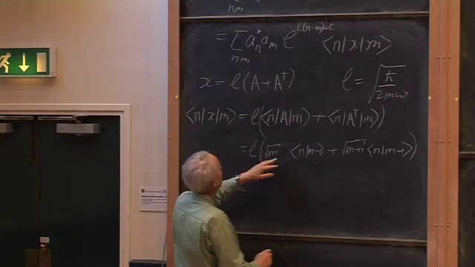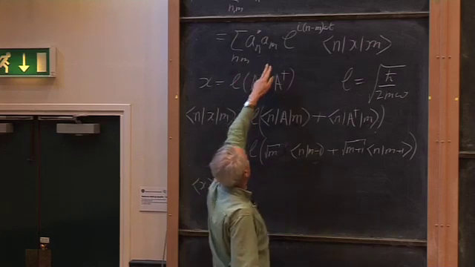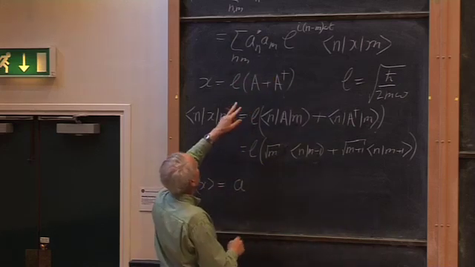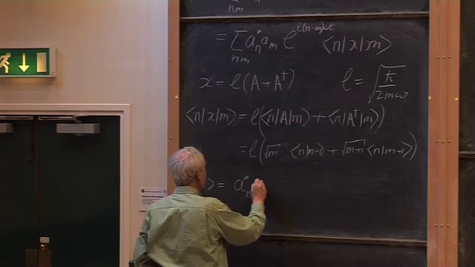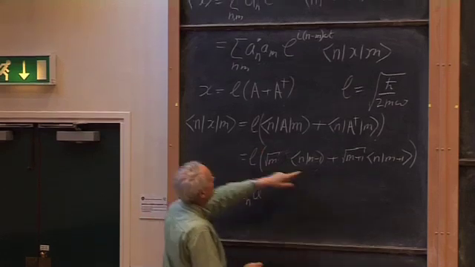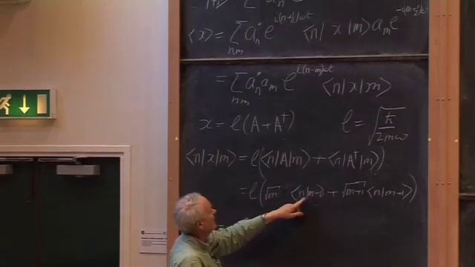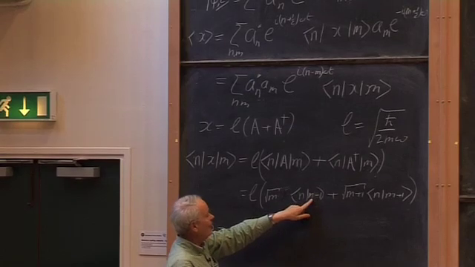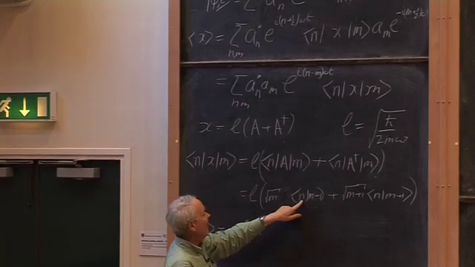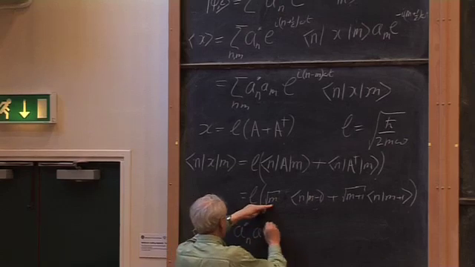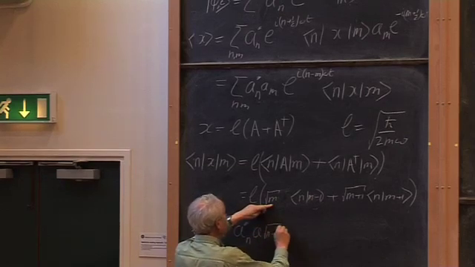okay, let's take this first one. When we do this first one, sum over n, we're going to have a n star, a how much? In order for this to be not 0, m has to be 1 bigger than n. So this is going to be the square root of n plus 1.